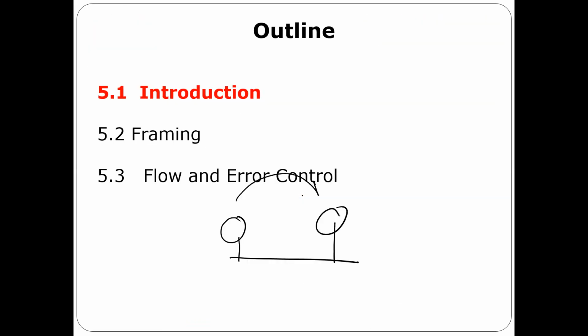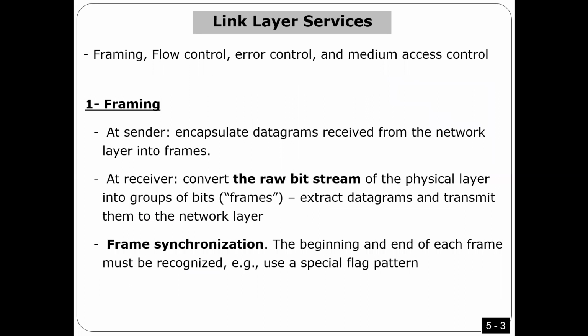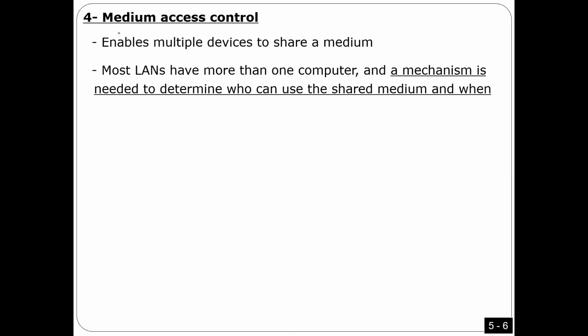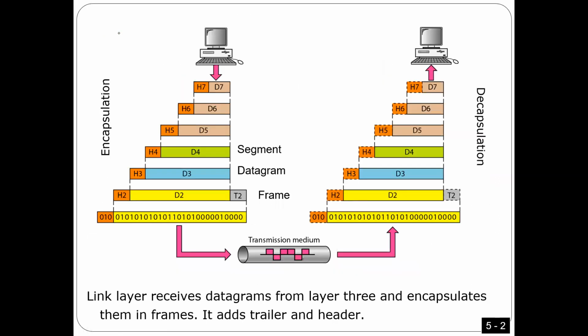Okay, so the topics I'm going to teach here, in this layer, the first thing I'm going to teach in this chapter is what we call framing. Simply, framing means at the receiver side, the second layer is going to receive just a stream of bits, unstructured, from the physical layer.